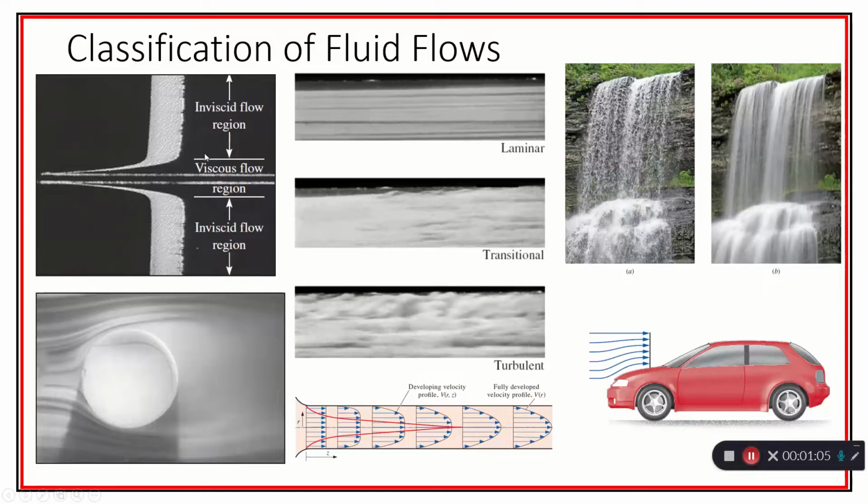But if you get far enough away from this, and we might call this a boundary layer or something along those lines, we could apply, let's say, Bernoulli's equation, because it makes an inviscid assumption. We could apply it up here, but we couldn't down in this region right here. That's the big idea.